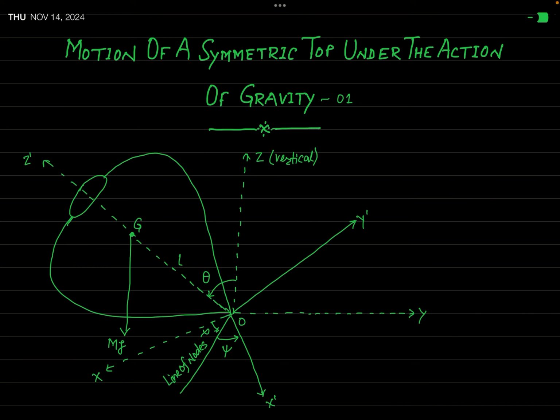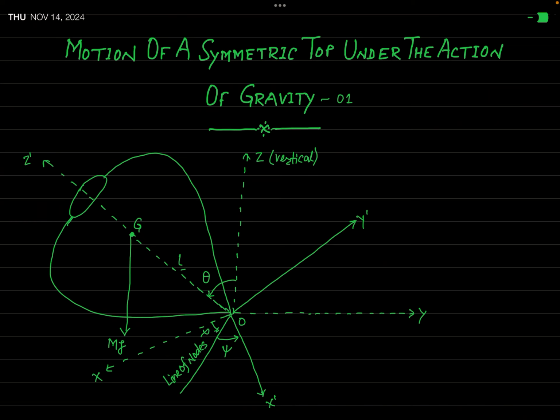Okay, now let us consider that this point G, you can see the figure, is the center of gravity of the top. And I have assumed that L is the distance of center of gravity of this body from the fixed point O. You can see in this figure.